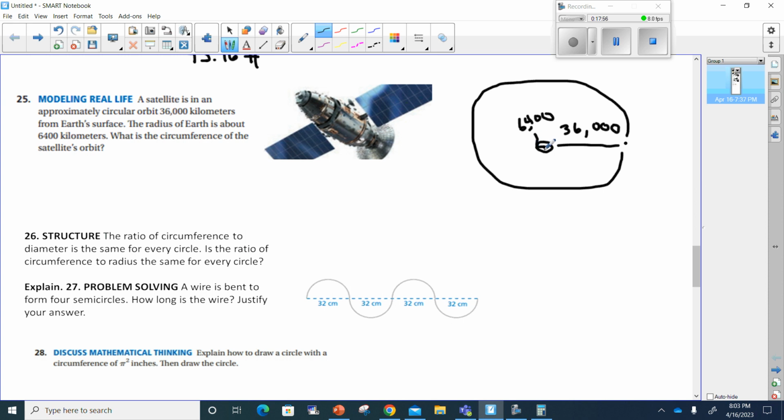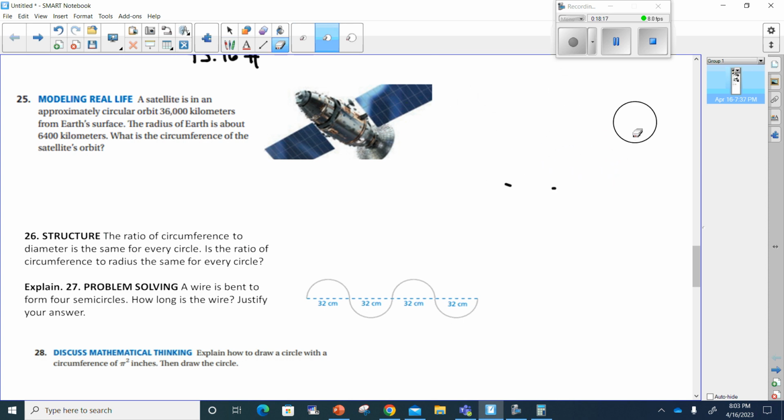If I take the radius of Earth, add it to the distance the satellite is away from Earth, and then multiply by 2, that would give me my diameter. Let me try to make a little better representation here using these shapes. There we go.